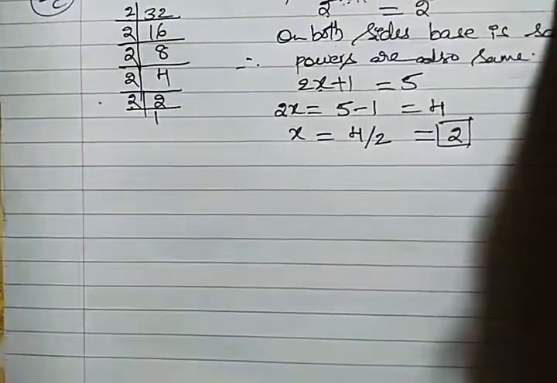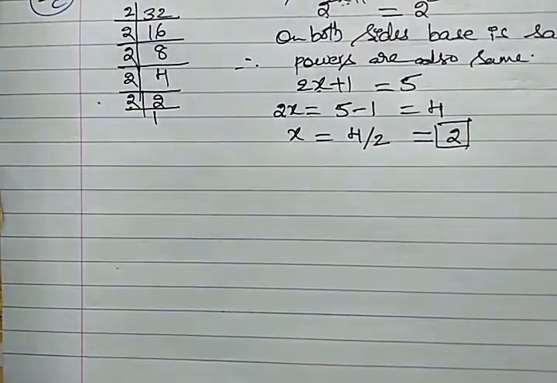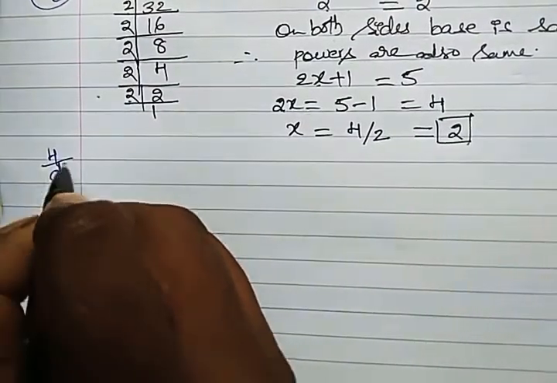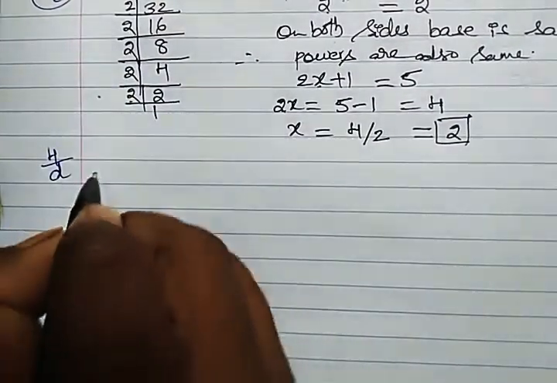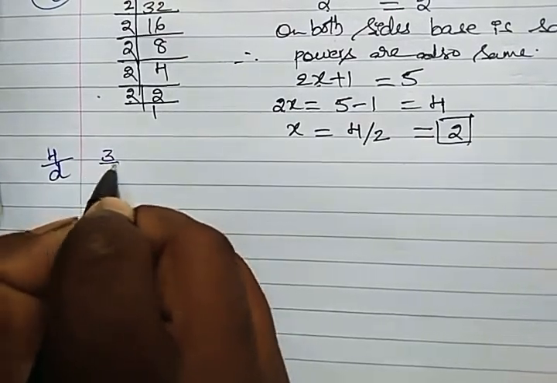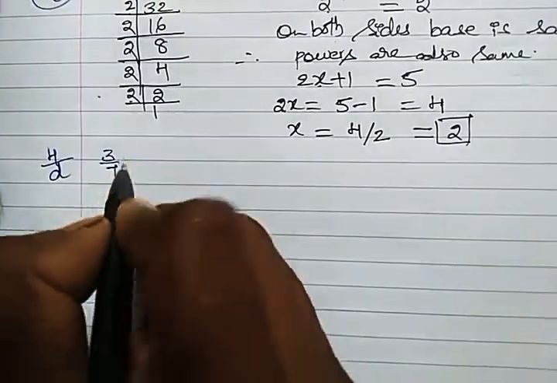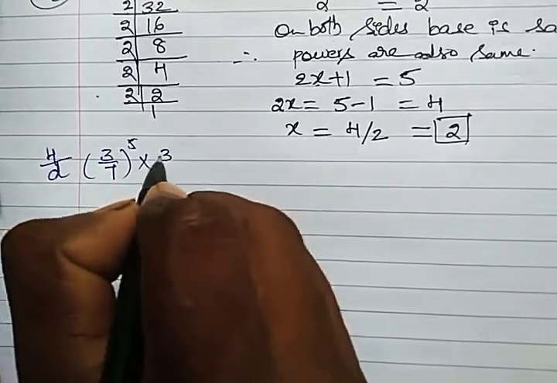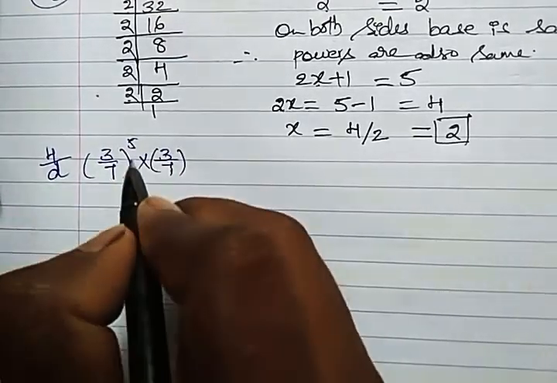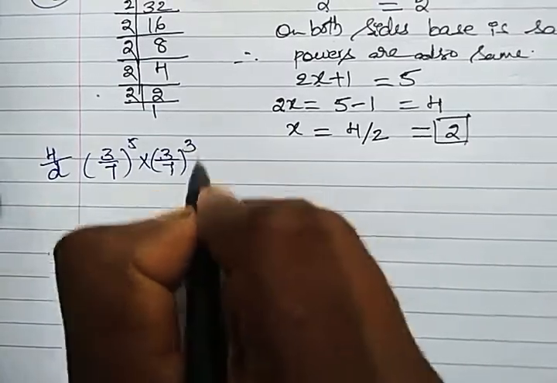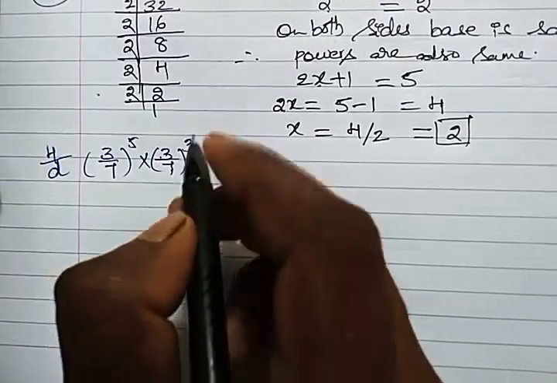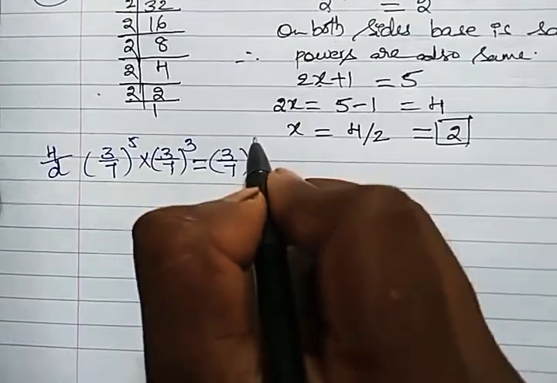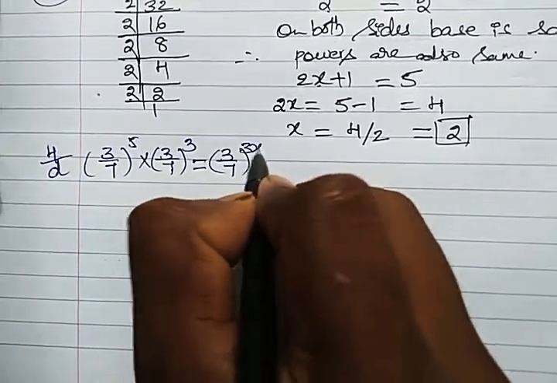Now the D of 4 is 3 by 7 whole power 5 into 3 by 7 whole power 3 is equal to 3 by 7 whole power 3x plus 2.